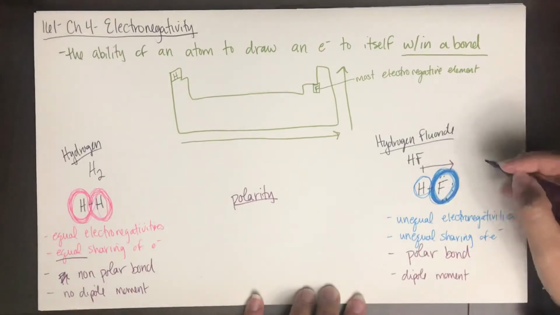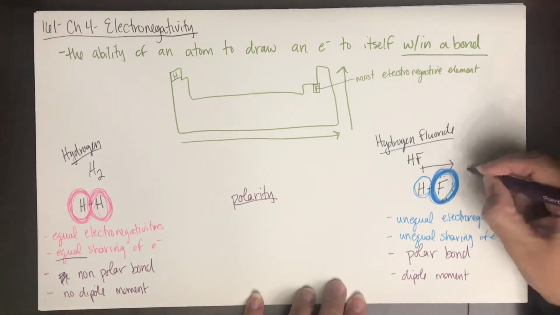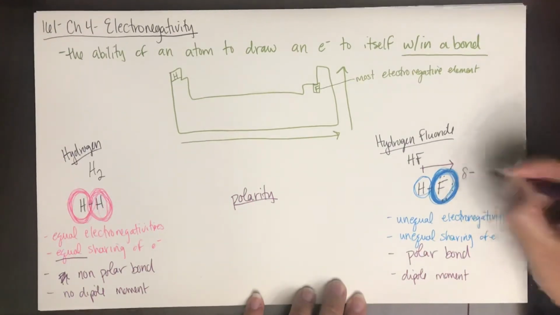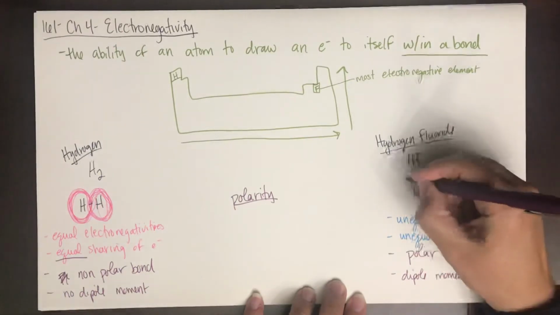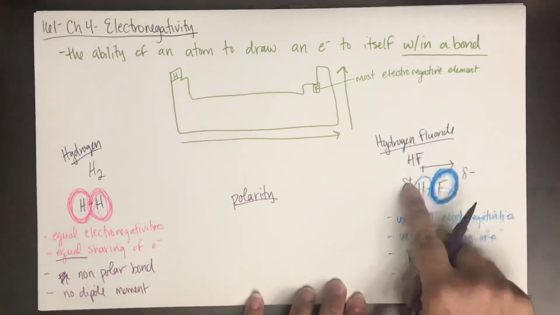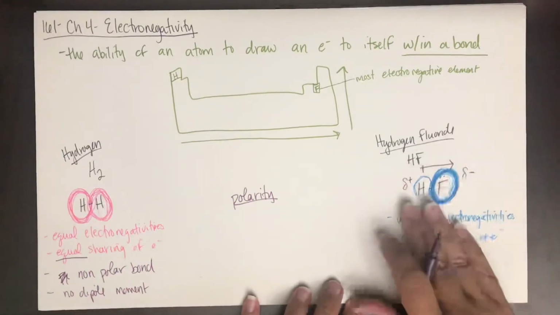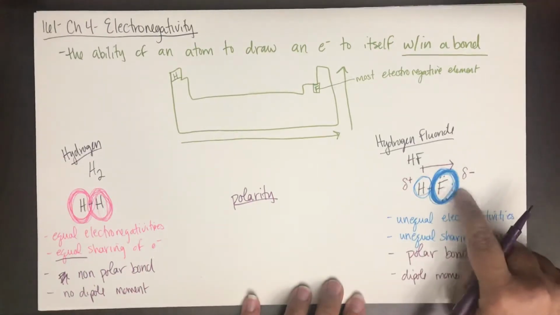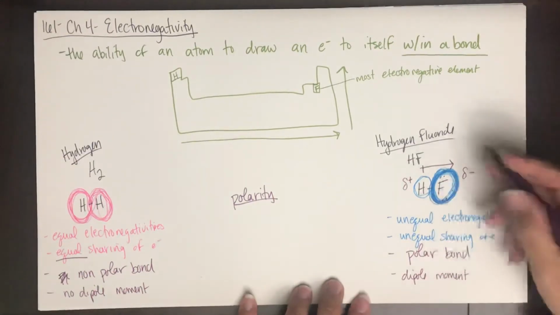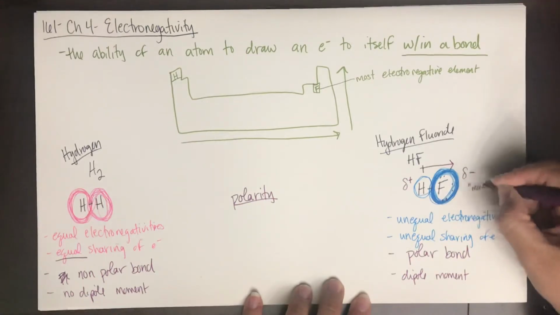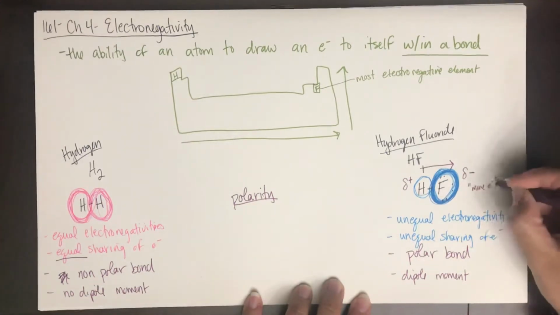We can also represent this with the lowercase Greek letter delta. This would be the more electronegative side, and this would be the less electronegative side. Looking at this molecule overall, this side would be more electronegative because it would have more electrons.